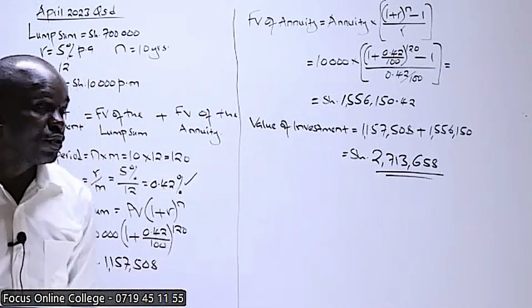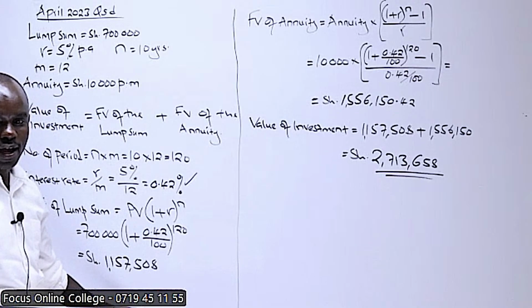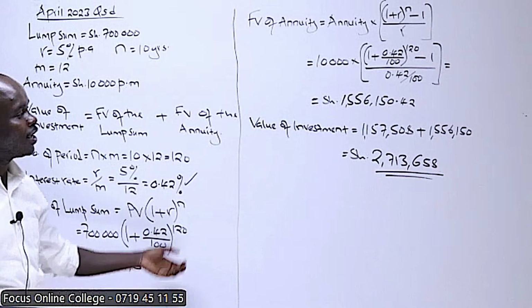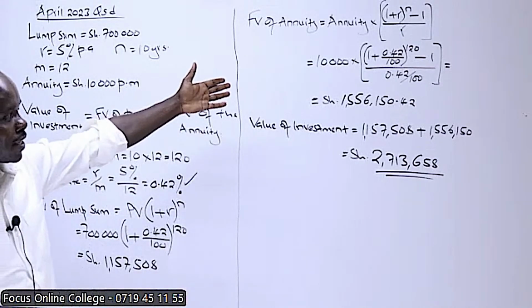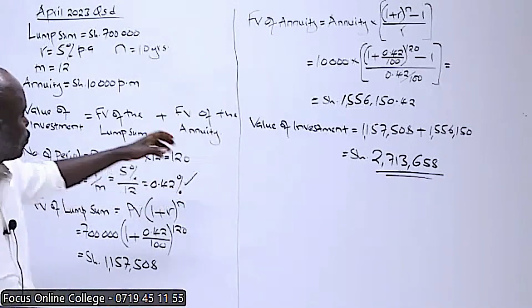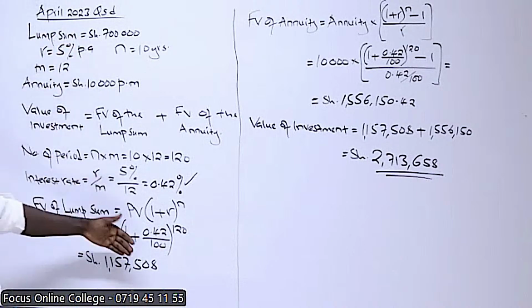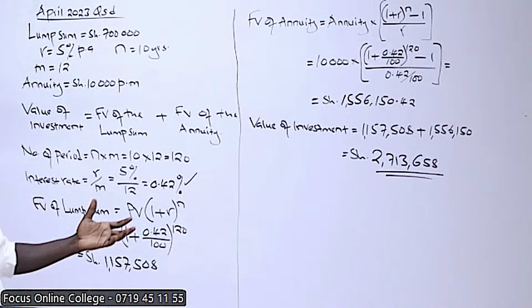So that is how you do time value of money questions. Like I've said, here there is no format. It is just getting the concept. For example, this question that we've just done, this April 2023 question, 5D. Do you think you can do all this without having the concept?